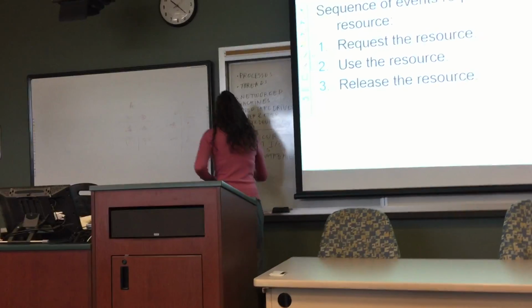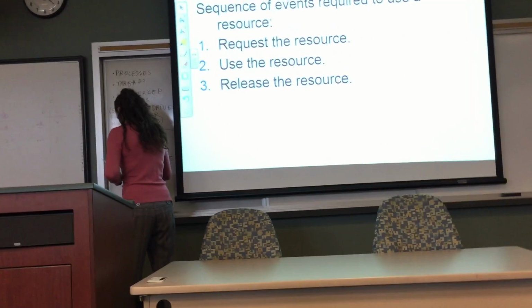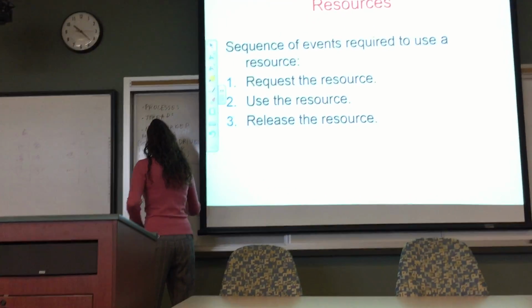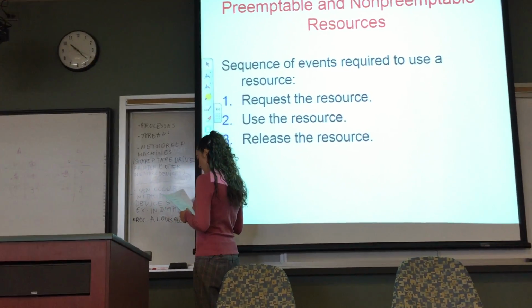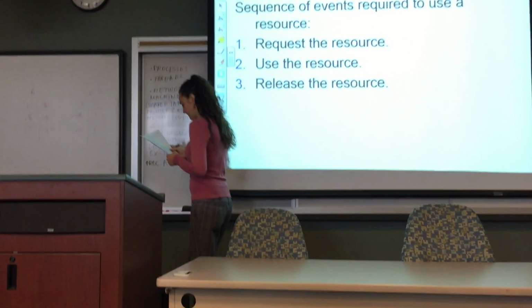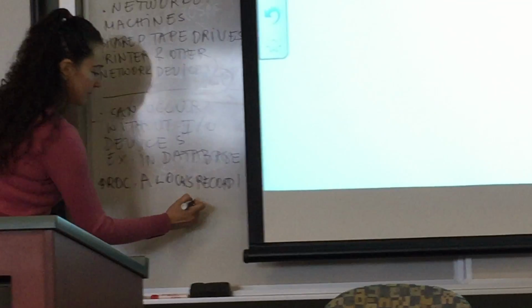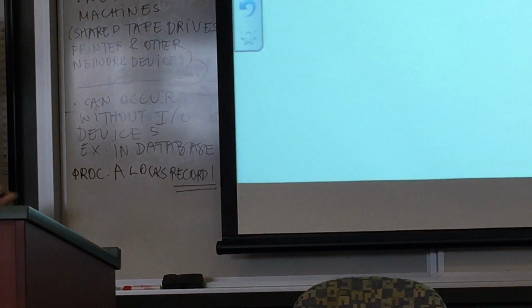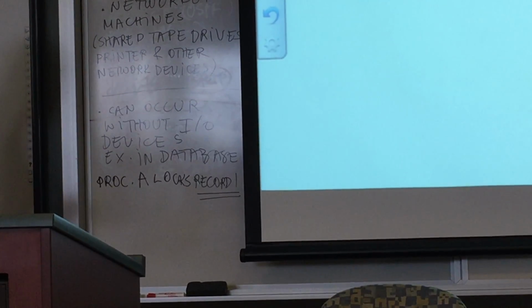So if process A locks one record, but it also needs a second record. So process A needs records 1 and 2.